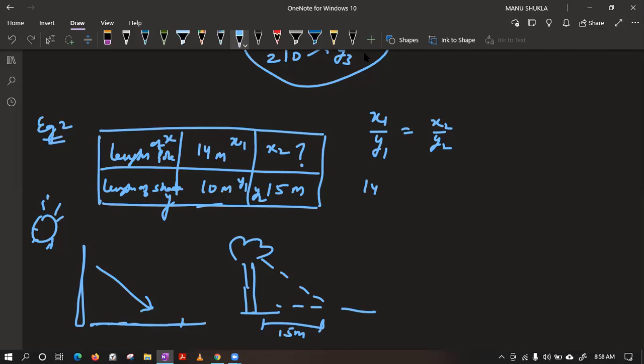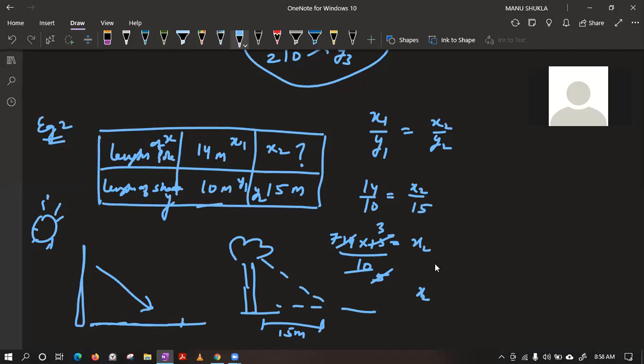If you put the values, 14 upon 10 is equal to x2 upon 15. So x2 becomes 14 into 15 upon 10. Now solving, 2 7s are 14, 5 2s are 10, and 5 3s are 15. So x2 comes as 21 meters.